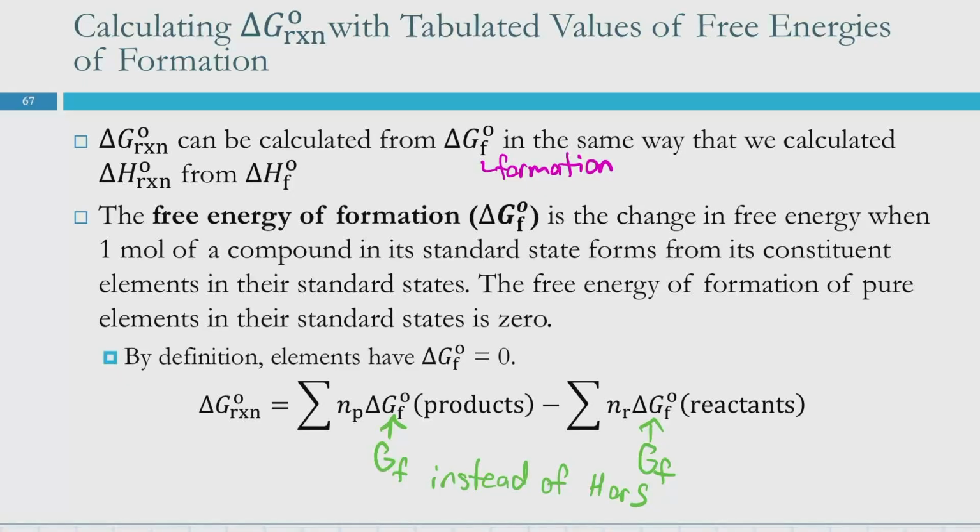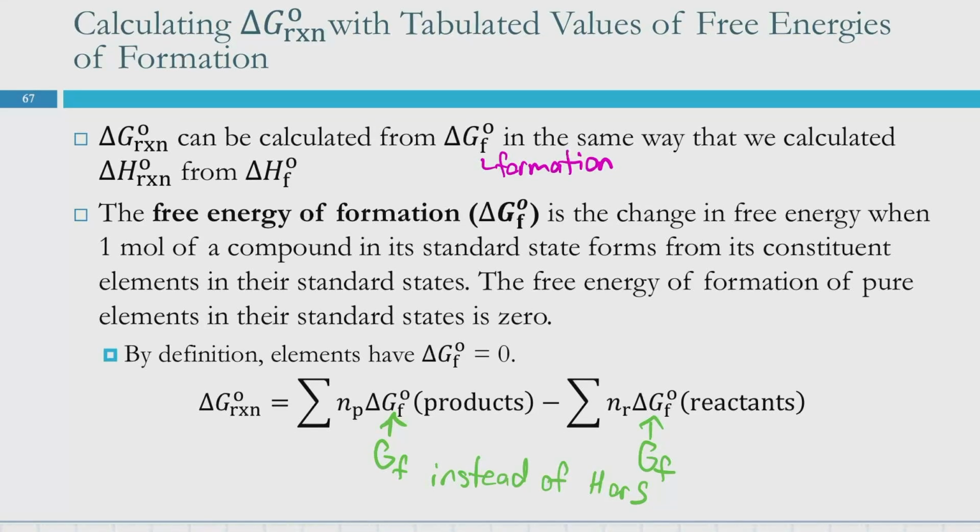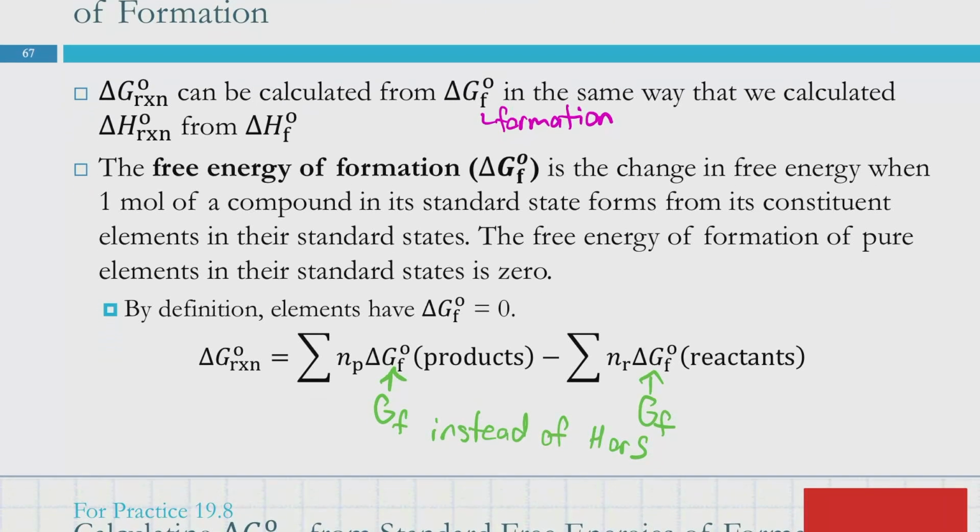So that's pretty nice. Our free energy of formation is the change in free energy when 1 mole of a compound in its standard state forms from its constituent elements also in their standard states. So we have to know what standard states are. Free energy of formation of a pure element in its standard state is 0, similar to other standard things that we've seen before. I think enthalpy, we also define those values as zeros.